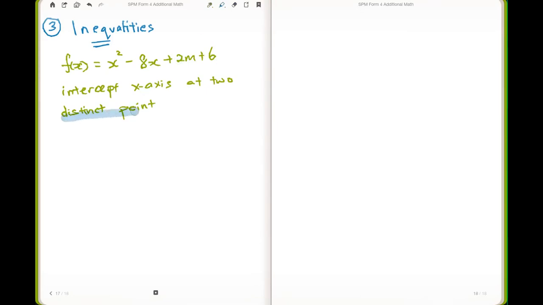This is what it means, distinct points. If it cuts at 2 distinct points, meaning it has to do with b squared minus 4ac is greater than 0. Yes, exactly, it's greater than 0. I'm sure you know this by now.